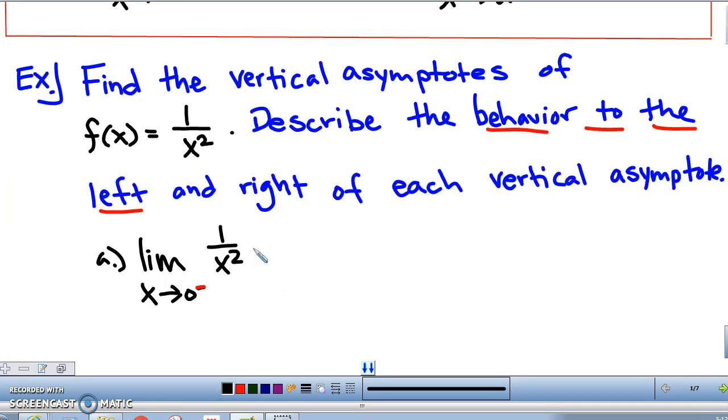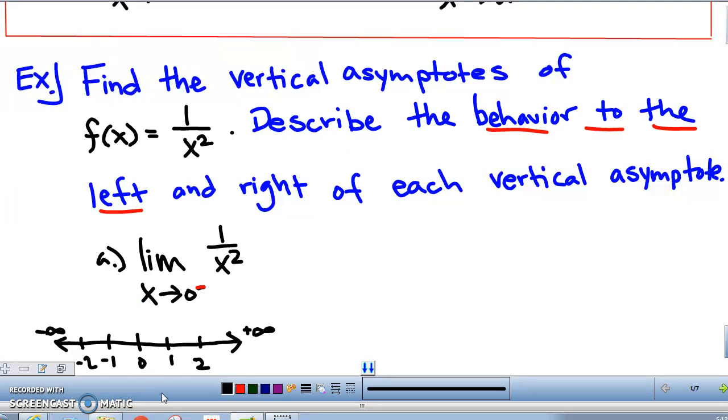Well, you've got to ask yourselves, x values that are approaching 0 from the left side, well, in a number line, and this goes out from negative infinity to positive infinity.